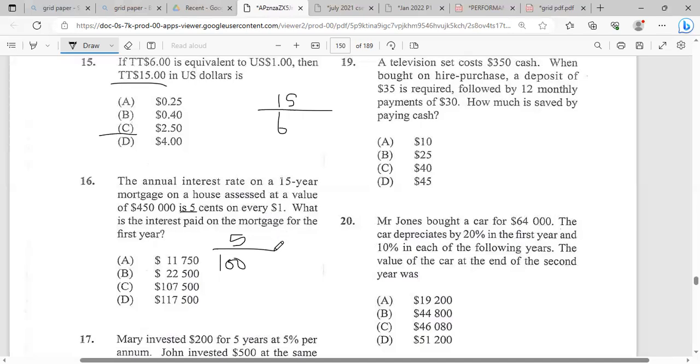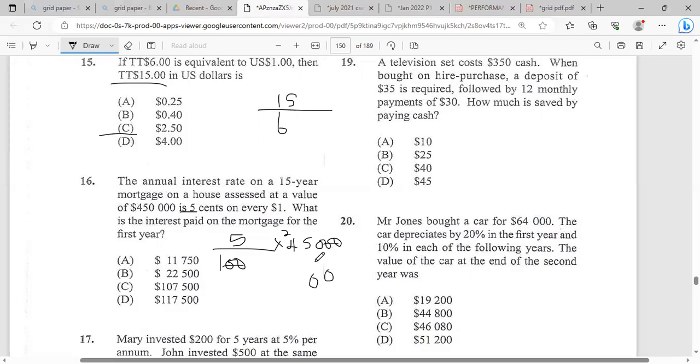So basically we just need to find that value.